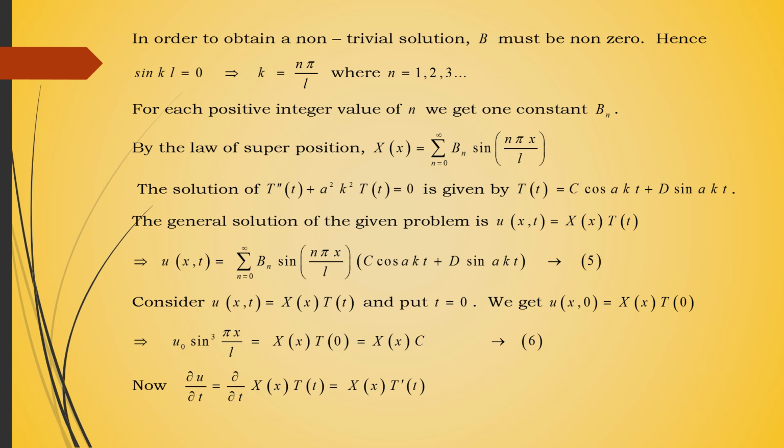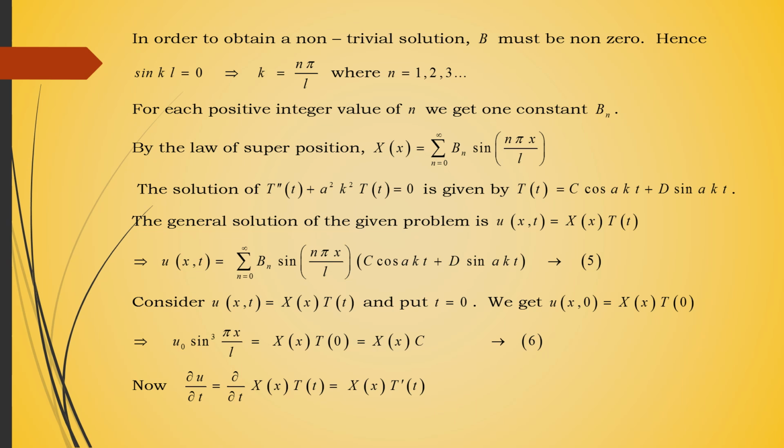Now let's take our next differential equation T''(t) + a²k²T(t) = 0. The corresponding auxiliary equation is m² + a²k² = 0. The roots are m = +ak and m = -ak.